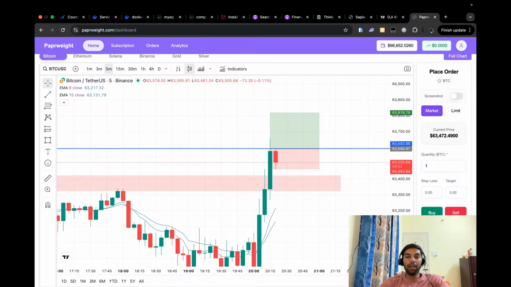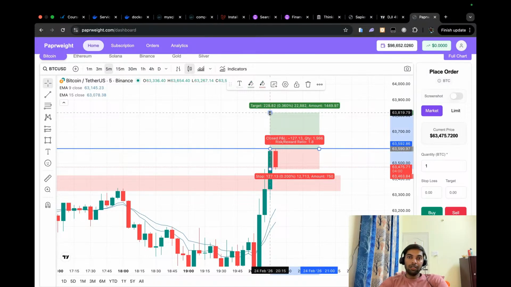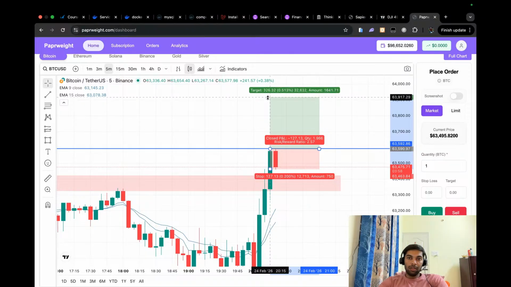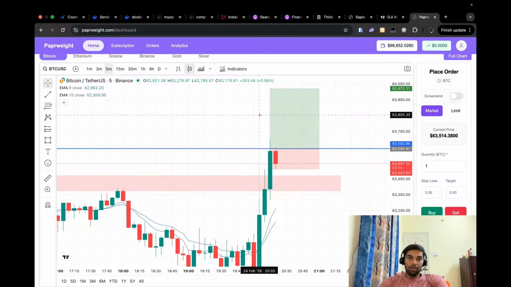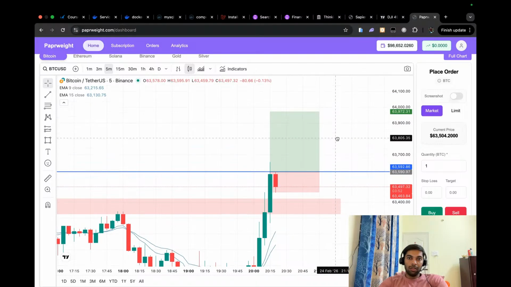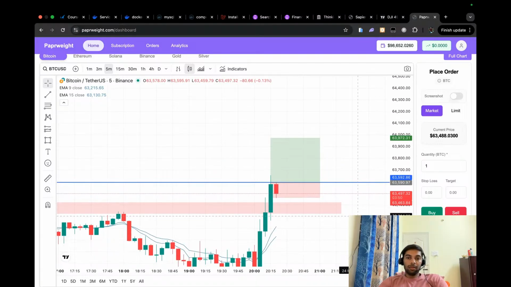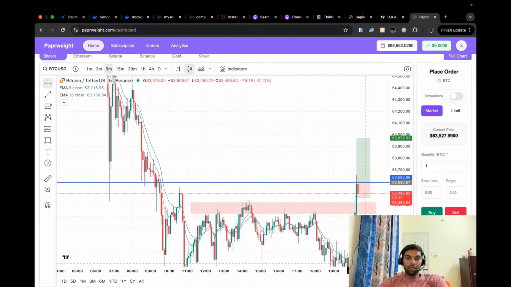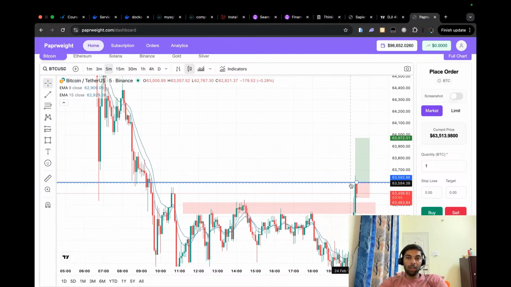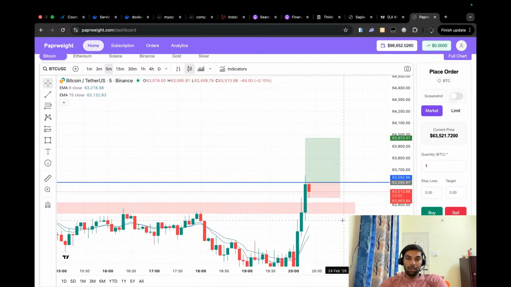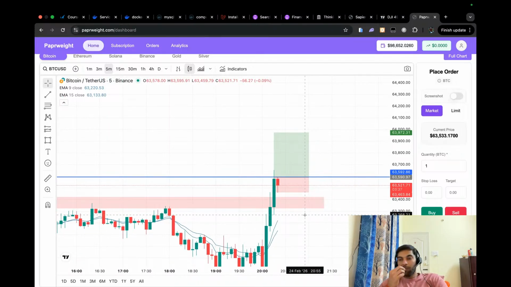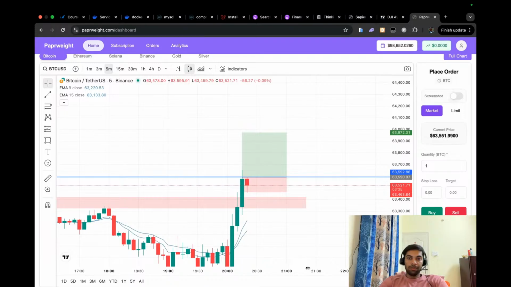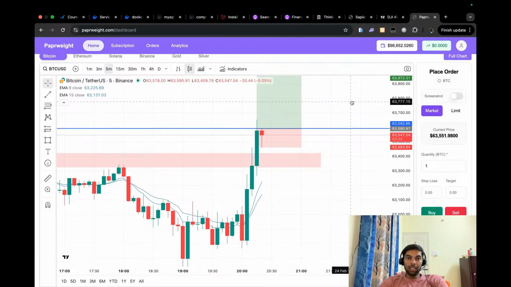So I will punch the buying order, and the target is open actually, because this zone breakout will definitely cross somewhere here. So let's see how it will behave for us, because this is an extreme breakout.